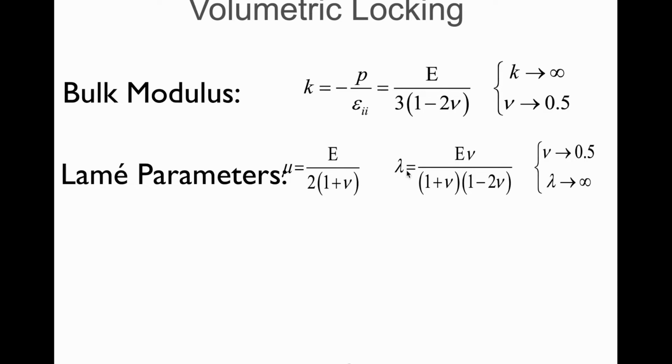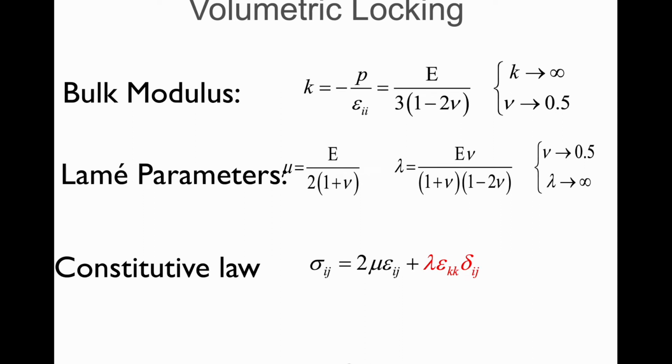But it's interesting to see what happens to the lambda coefficient, because since the Poisson coefficient goes to 0.5, this parameter also goes to infinity. So if we express Hooke's law using the Lamé parameters, you are going to see that under incompressibility lambda goes to infinity, and then the whole stress goes to infinity.